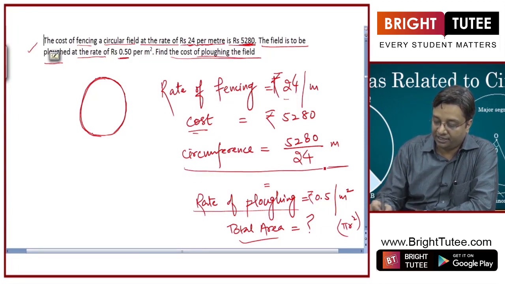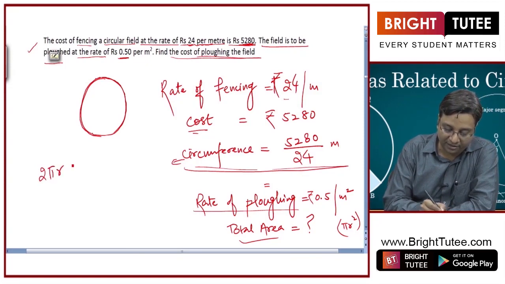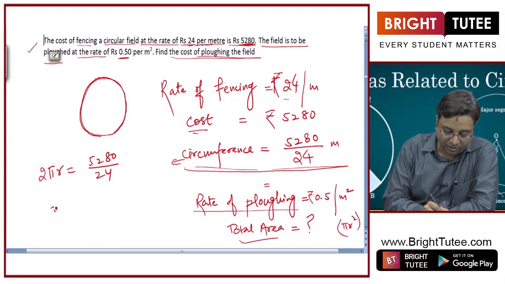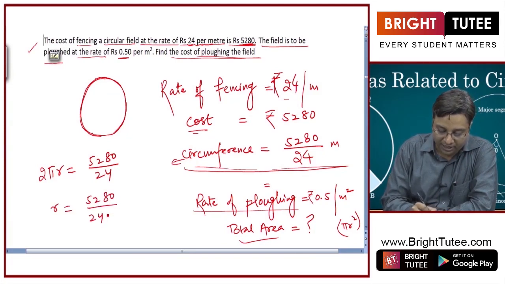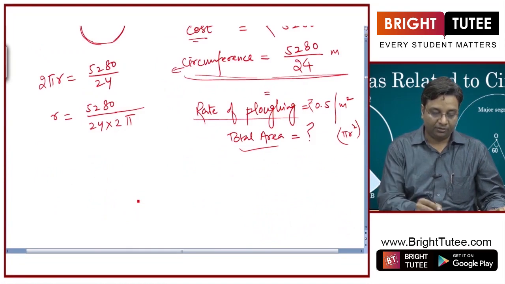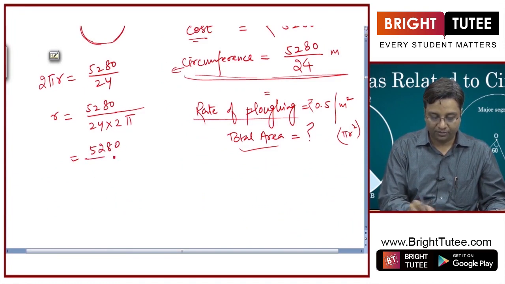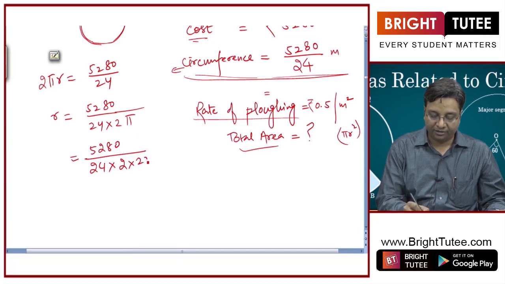So, from this I can calculate my radius. What is circumference? Circumference is 2 pi r and it is equal to 5280 by 24. So, the radius will be 5280 by 24 into 2 pi. Now, calculate this. 5280 divided by 24 into 2 pi, where pi can be taken as 22 by 7.